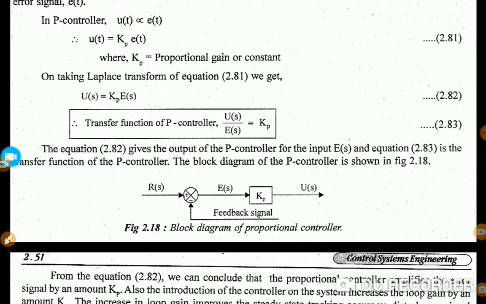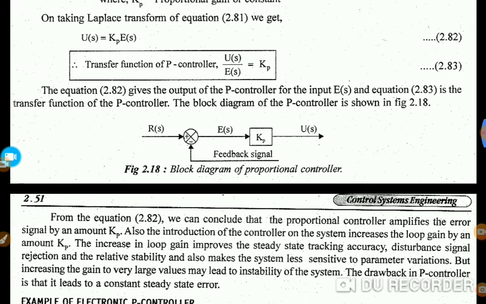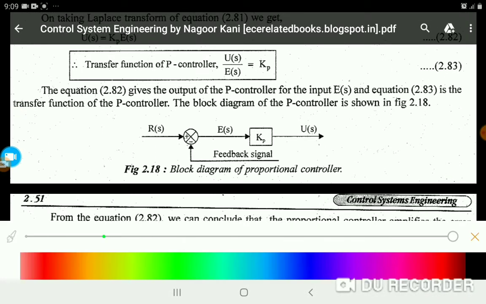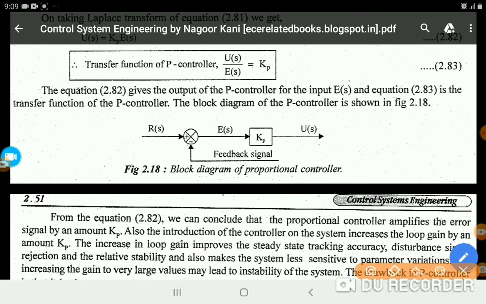Now draw the block diagram of this proportional controller. While drawing the block diagram, first consider the expression. Our expression has, in the usual way, input R of s, output U of s. Then the block has a constant of Kp. Then the feedback signal is summed up here and it produces E of s.